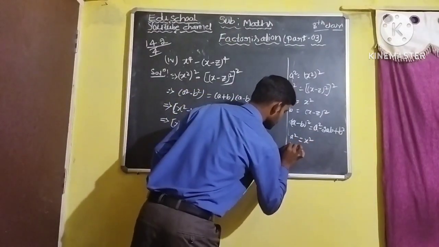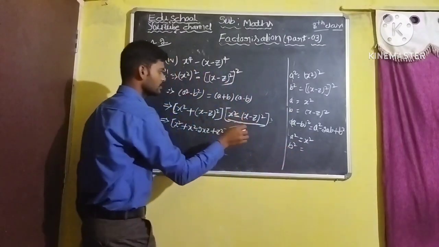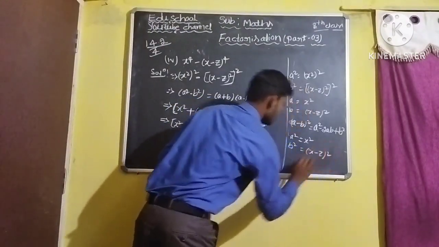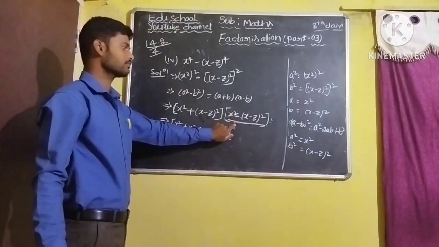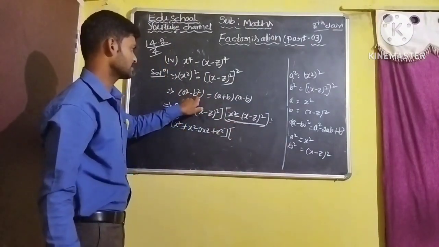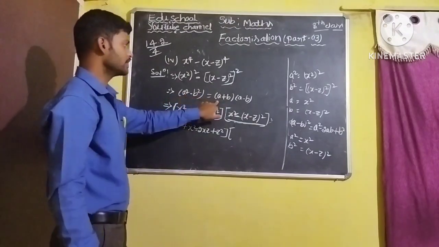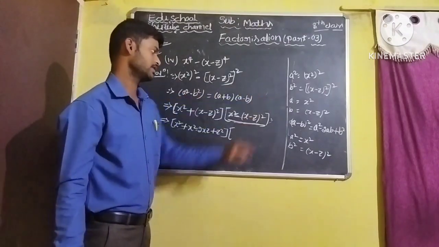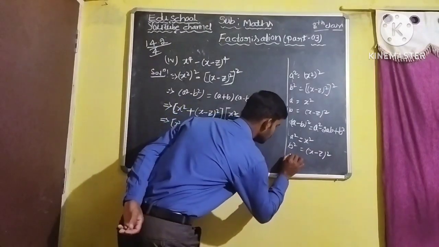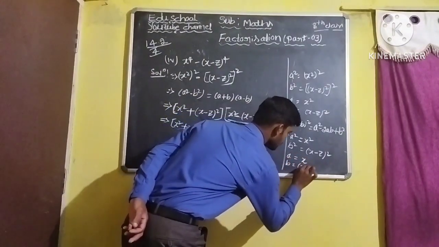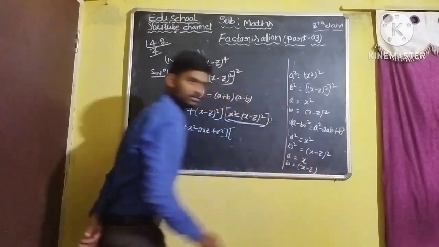In the place of b square, what is there here? (x minus z) square is there. So this is in the form of the a square minus b square formula only. What is the a square minus b square formula? a plus b into a minus b. The a value becomes x, the b value becomes x minus z only.